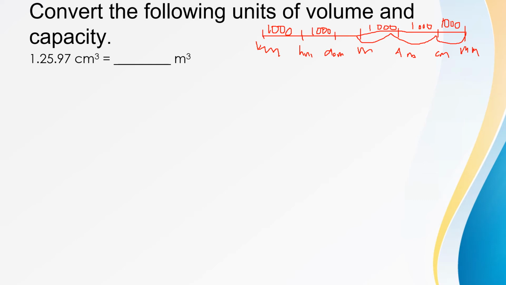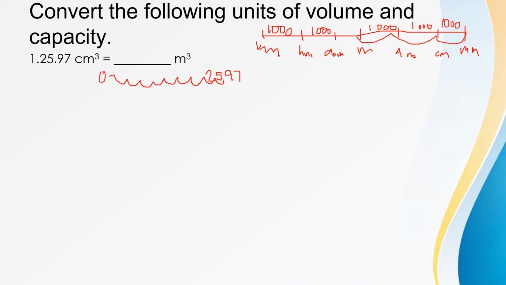So there are 9 zeros. So move natin siya, no? 25.97. So we have 1, 2, 3, 4, 5, 6, 7, 8, 9.